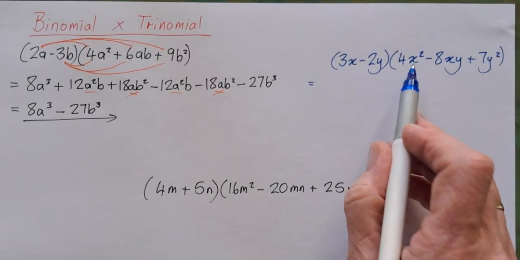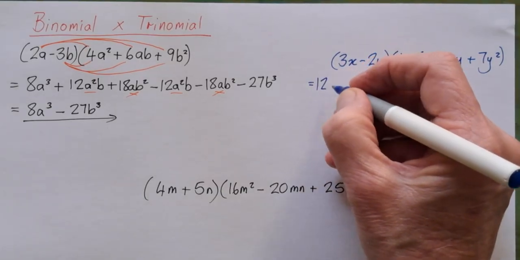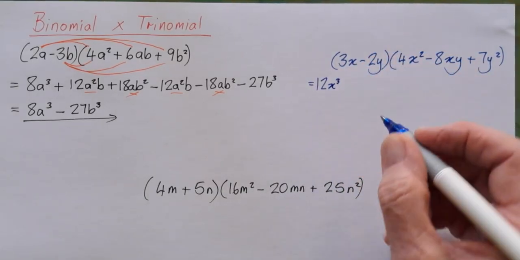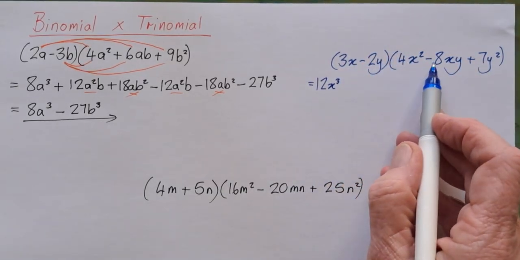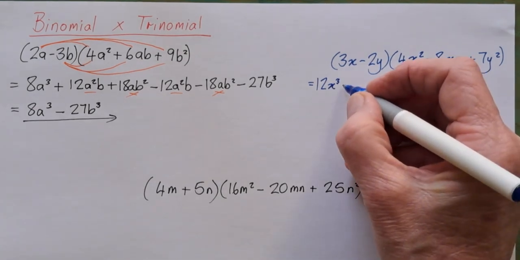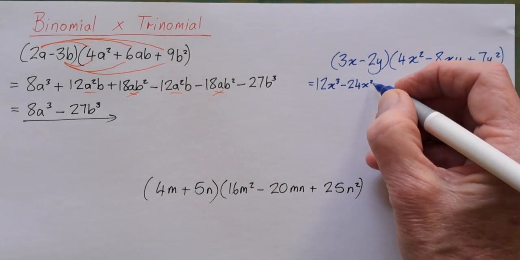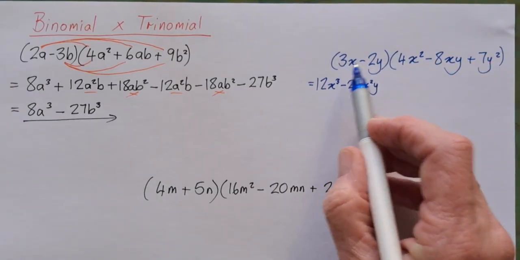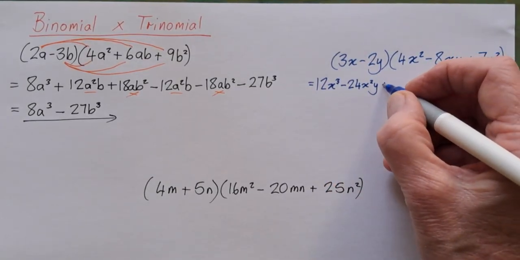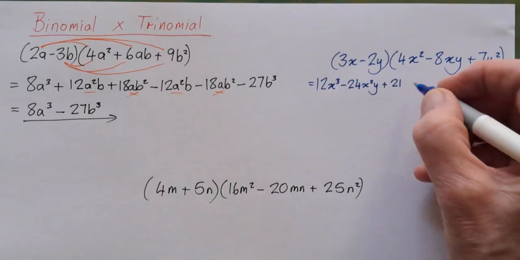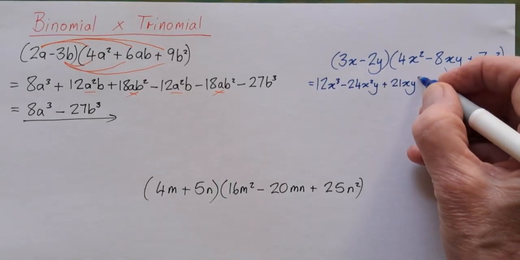I'm not going to put all the loops in. So 3x times 4x squared is going to give me 12x cubed. 3x times negative 8xy is going to give me negative 24x squared y. That times that is going to give me 21xy squared.